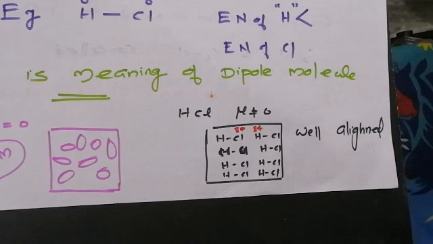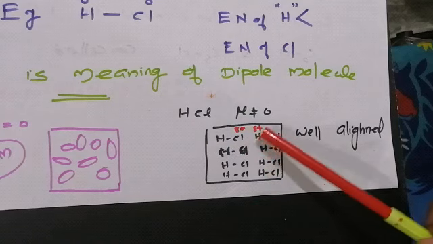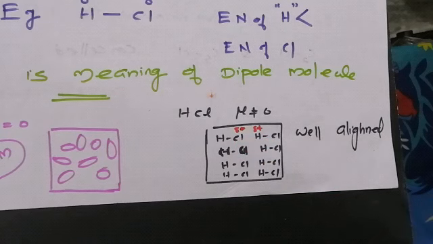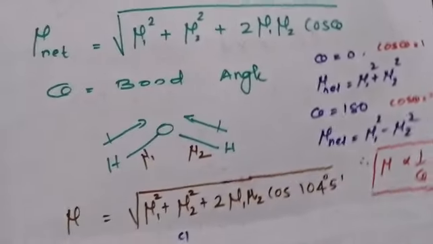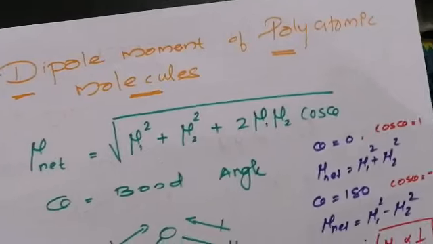When polar molecules are taken, they will be well aligned like this. Look at it. One HCl, the neighbor is another HCl. This hydrogen always comes close to Cl. This well alignment of the molecules is possible when such a molecule has a non-zero dipole moment.